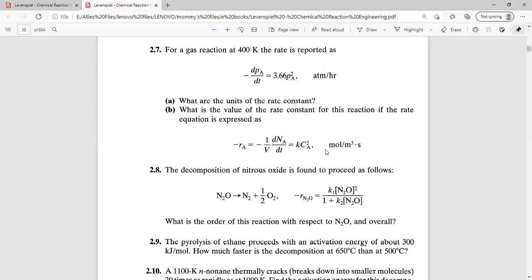So your original rate is equal to 3.66 per ATM per hour, and this is partial pressure raised to 2. It's converted to rate in terms of kCa, where this one will have a unit of mole per cubic meter per second.